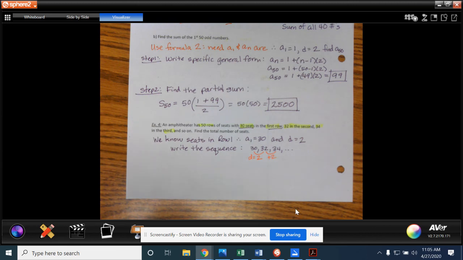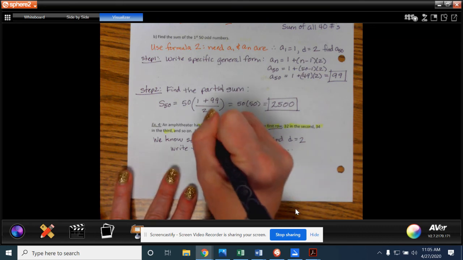If you look above at the two different types of sequences, or sums, excuse me, partial sum formulas, the one on the right includes the last position. Well, I don't have that information. So I look at the one on the left and I go, do I have enough information that I can just solve with that? Do I know my n? That's the number of rows.